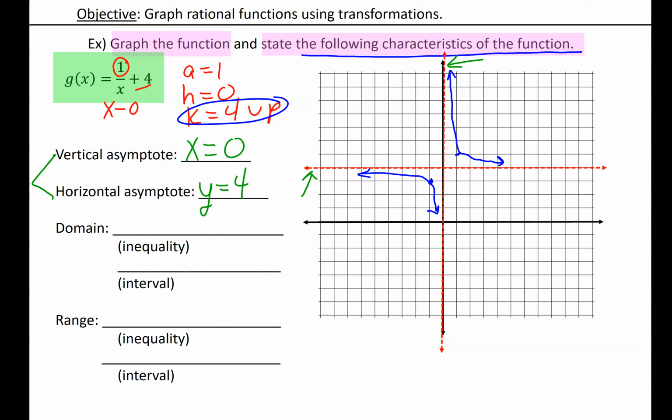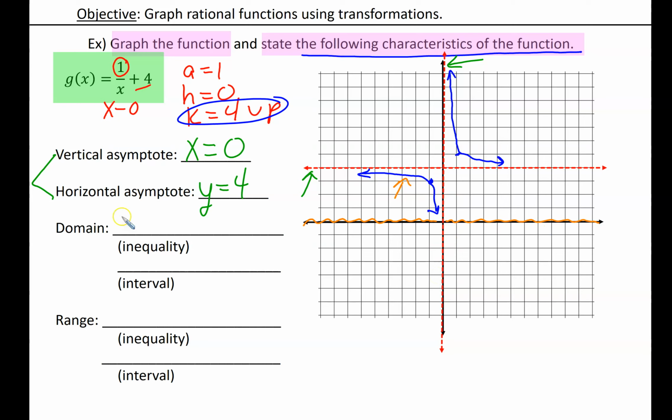When we go to do the domain, remember that we can take a look at our graph here and see that all of the points will have these x values here for this piece, and the other piece uses all these x values. The only x value that isn't used is 0 because it creates an undefined ratio.